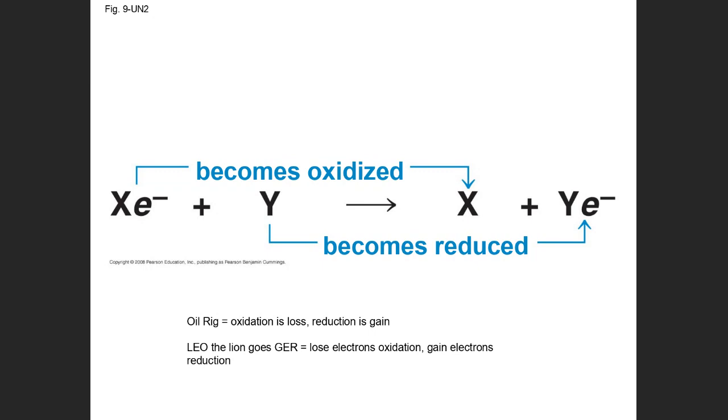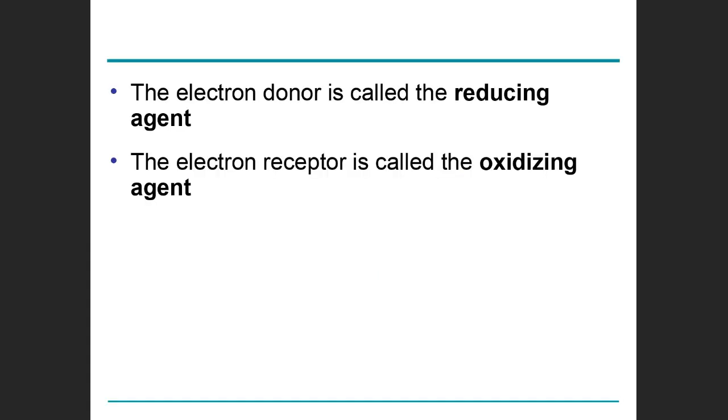One of them is OIL RIG, which stands for oxidation is loss, reduction is gain, or LEO the lion goes GER. Lose electrons oxidation, gain electrons reduction. So two ways to remember what is oxidation and what is reduction. But whenever an electron is lost, it's got to be gained by something else.